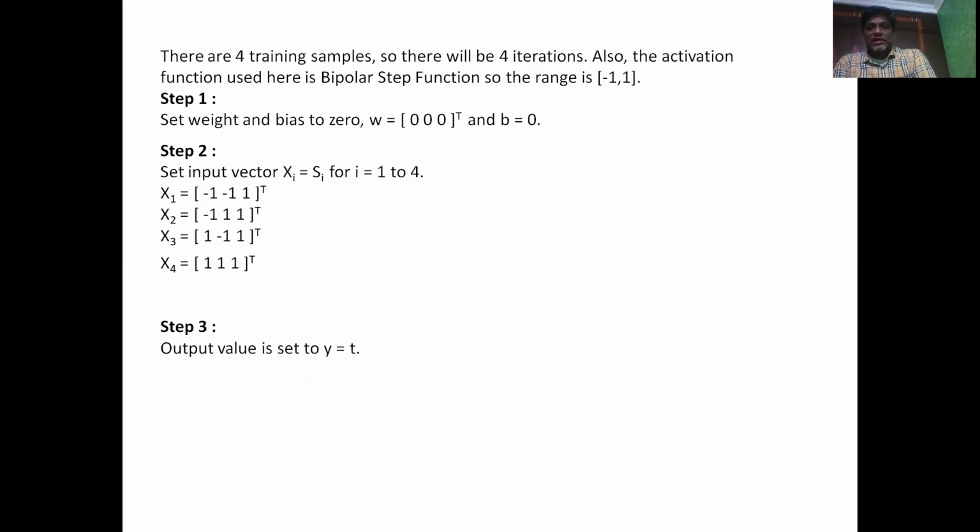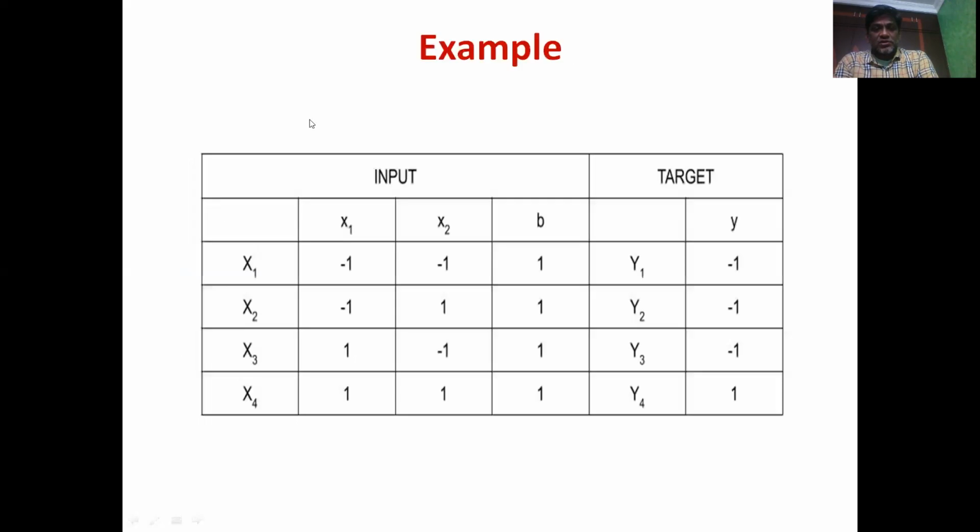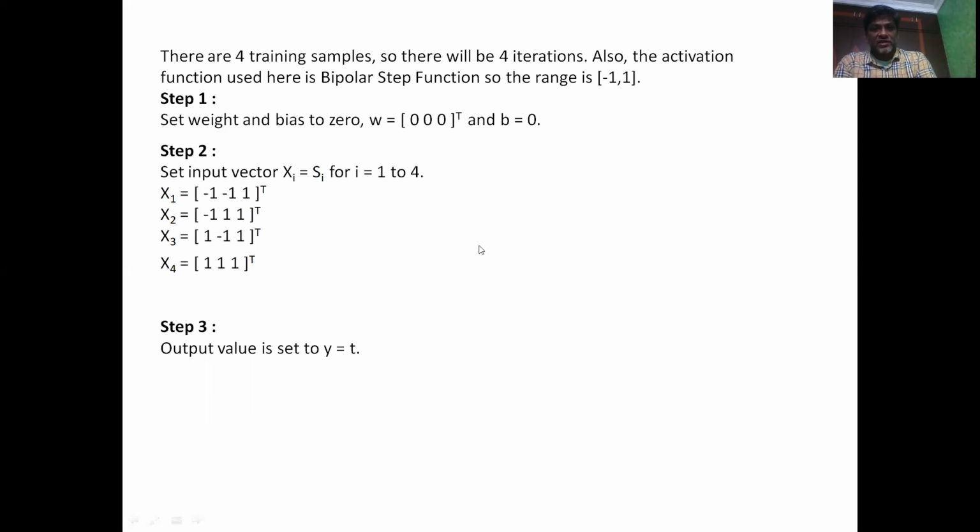So now let us understand the design process for this given AND gate. As I told, there are 4 training samples, capital X1, capital X2, capital X3, and capital X4, representing -1, -1, 1; -1, 1, 1; 1, -1, 1; and 1, 1, 1. These are the 4 training samples along with the target values.